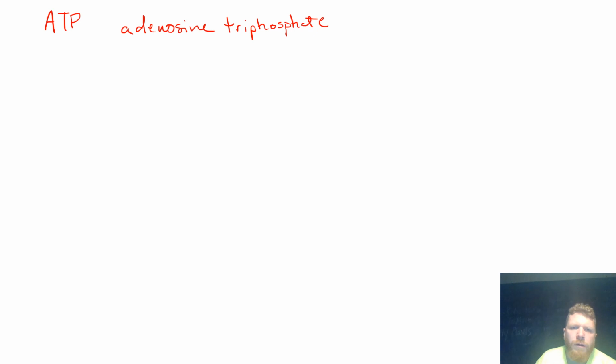Okay, so now I want to draw a molecule of ATP, adenosine, I forgot the A, adenosine triphosphate. So this is our nitrogenous base hooked up to a sugar, and we're going to draw this for DNA.